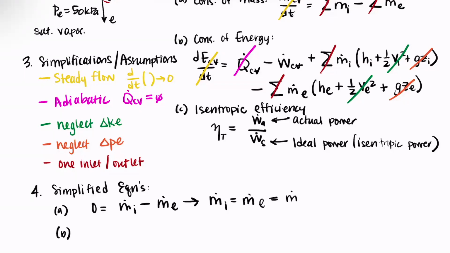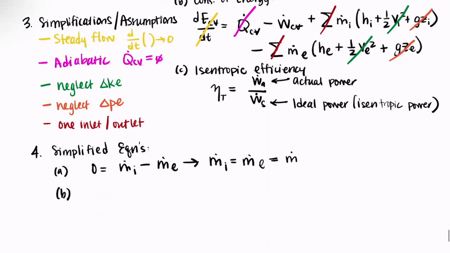For energy, this equation becomes 0 is equal to minus W dot of the control volume plus m dot (h_i minus h_e). Right?